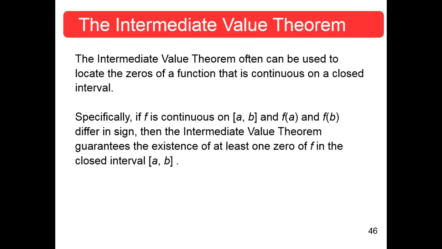Specifically, if f is continuous on [a, b], and f(a) and f(b) differ in sign, one positive, one negative, vice versa, then the intermediate value theorem guarantees there's at least one zero there. For instance, a polynomial function is continuous always. If f(a) is negative and f(b) is positive, or vice versa, there's got to be at least one zero between a and b.